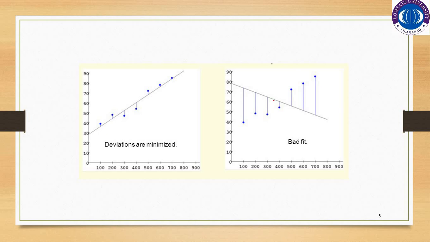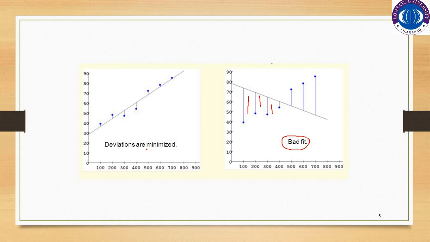In this other graph, the line is passing this way, and this is the increasing trend, whereas this is the decreasing trend, just for the information. Now the differences between the line and the data points are very high, so this is not a good fit. This is the bad fit, and here the deviations are minimized, so this is somehow a better fit.